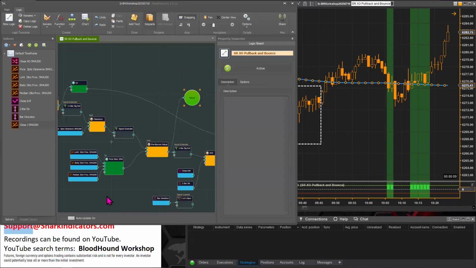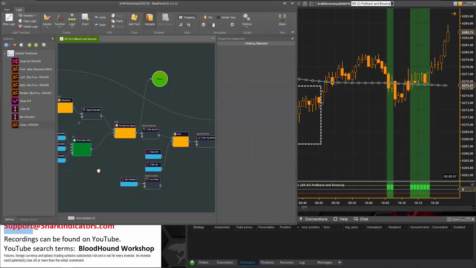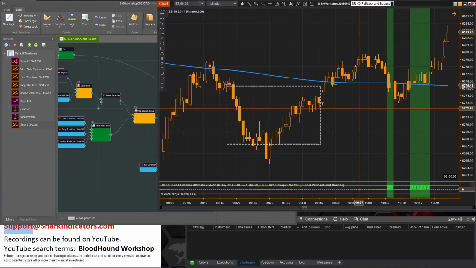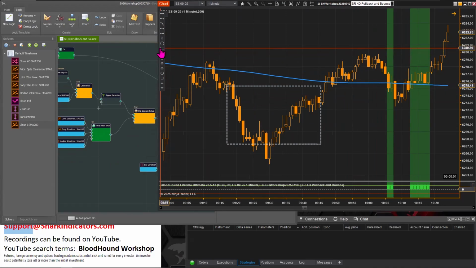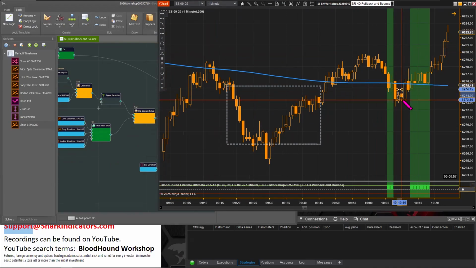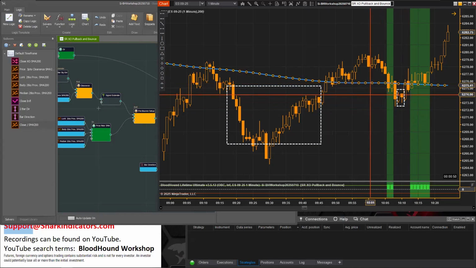So let's see here. So let's identify, where'd it go? There we go. Let's identify these two bars on the wrong side of the SMA, right? And that will kill this signal over here. Right?